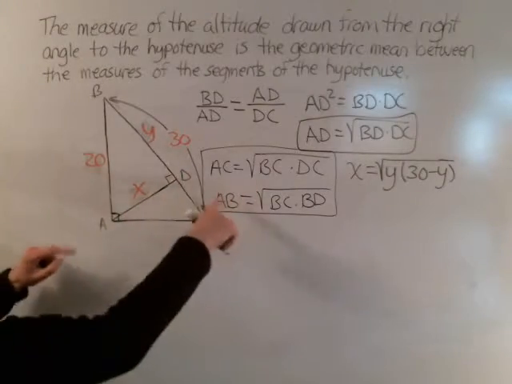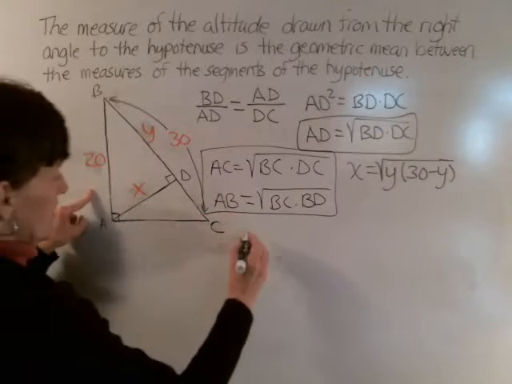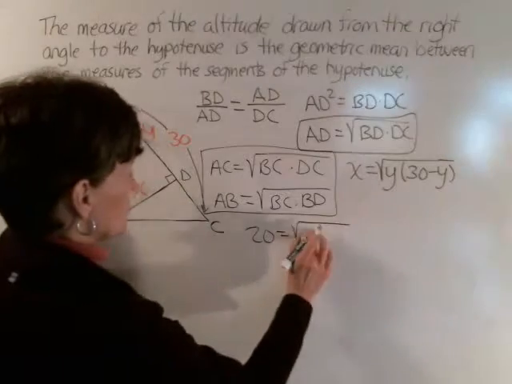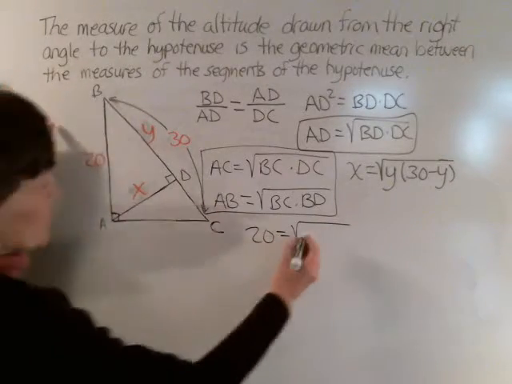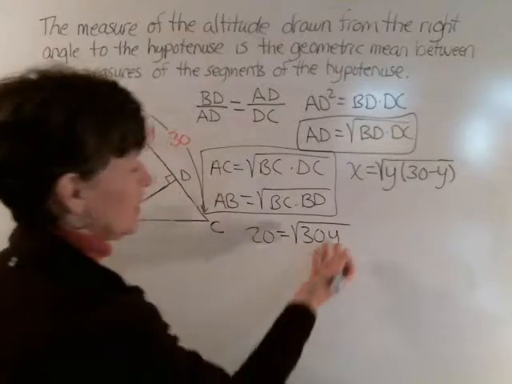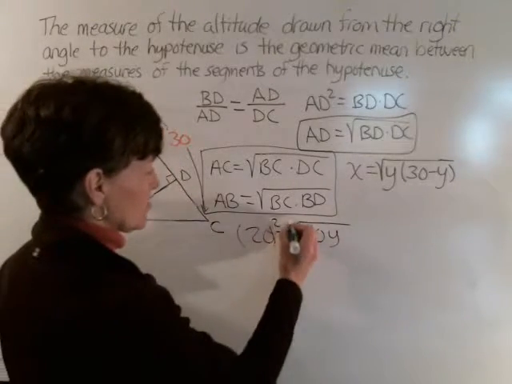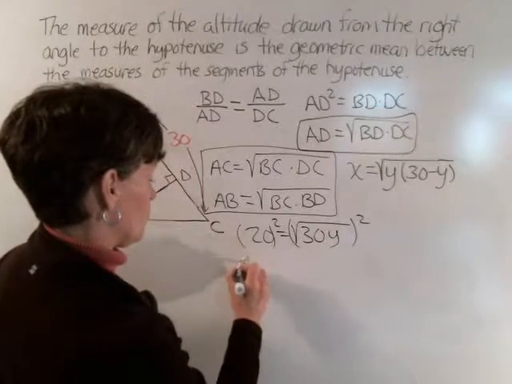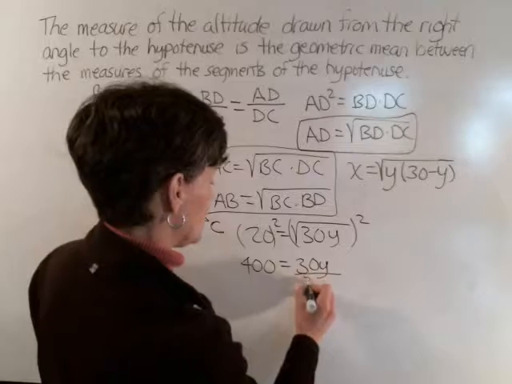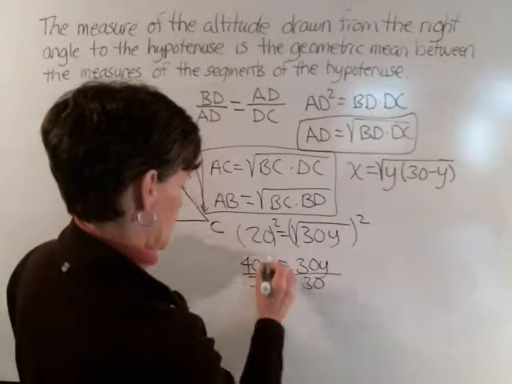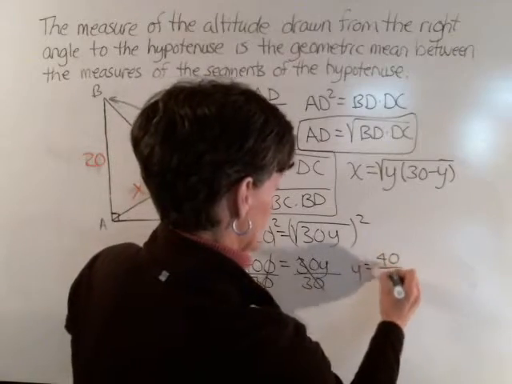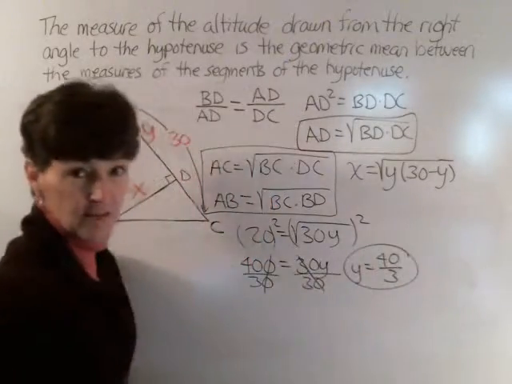And then when we use the equation over here for AB, which is 20, it is equal to the square root of, and then BC is 30, and BD is y. So I square both sides to solve for y. I get 400 is equal to 30y, and when I divide, then I get this nasty looking fraction. Well, that just happens sometimes, and so that's going to have to be okay.